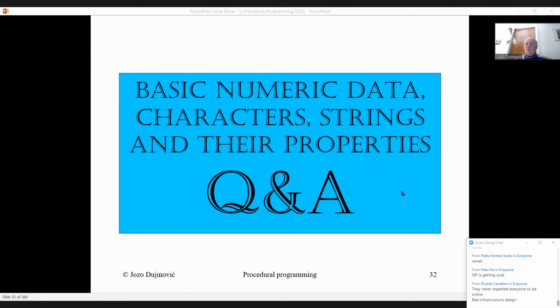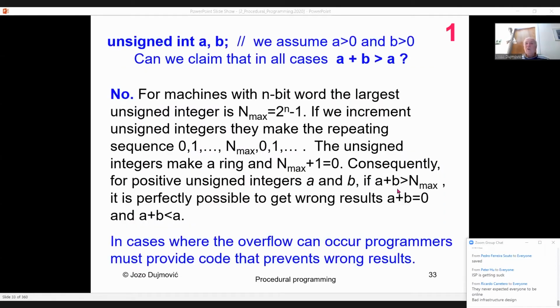So let us see a little bit of those quiz questions that we had posted on iLearn, that are questions and answers testing whether we know basics or not. The first question was, you have unsigned integers A and B that are positive. Can we claim that in all cases A plus B is greater than A? Of course not. These are unsigned integers, and the largest value is 2 to n minus 1.